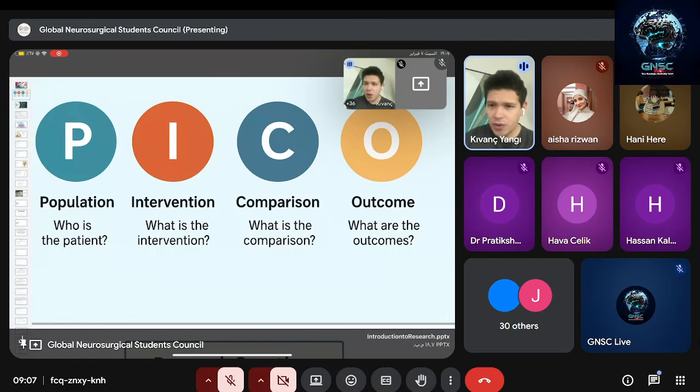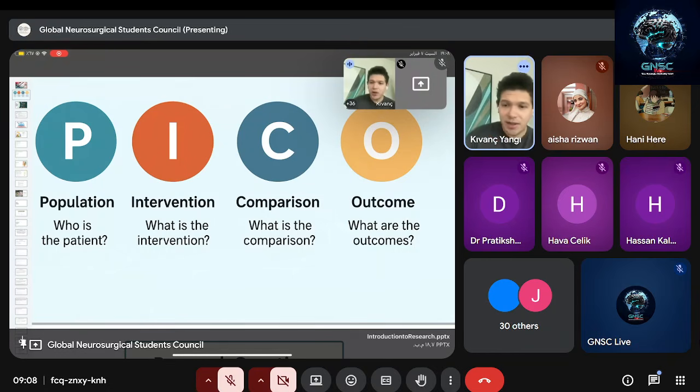And there is an outcome. When you look at the intervention and compare it with another control group or another group, you're going to compare them in terms of an outcome. For example, if you're comparing chemotherapy and radiotherapy in gastric adenocarcinoma patients, how do you compare them? In terms of the overall survival that they can provide to a patient.